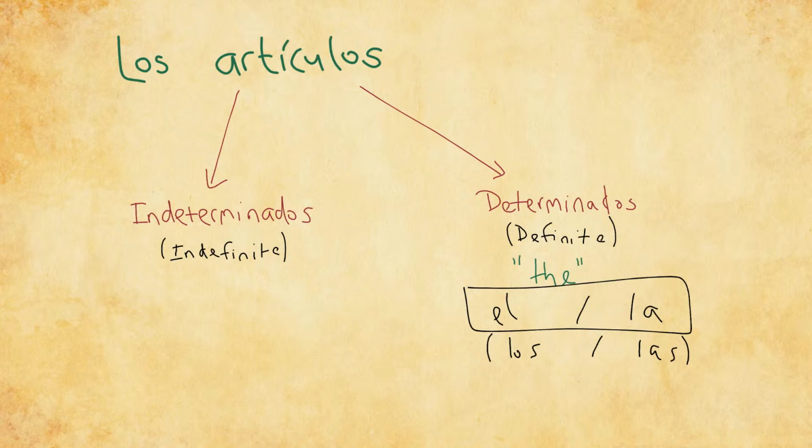So this might be a bit shocking to you if you never heard of this fact before, and it's something that you have to get used to, that every single thing has a gender. And based upon the gender, you connect it with either el or la. So el is used for things or for objects or for nouns that are seen as male, and la is used for objects or things or nouns which are seen as female.